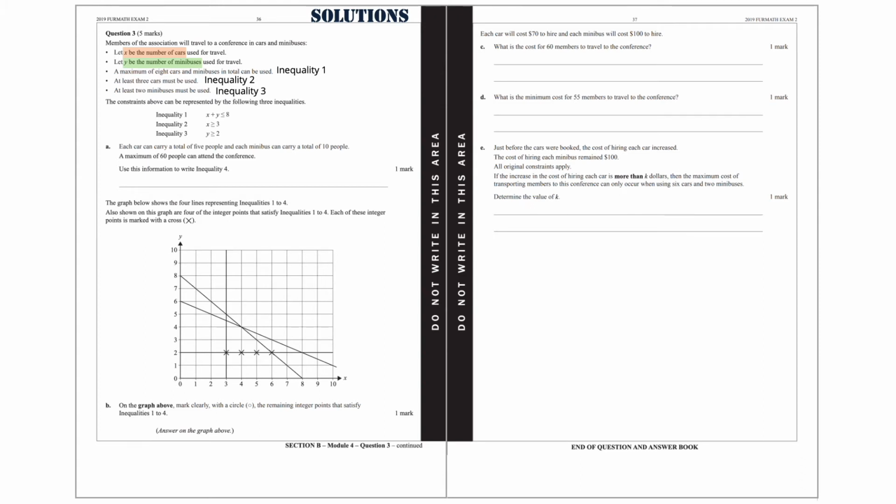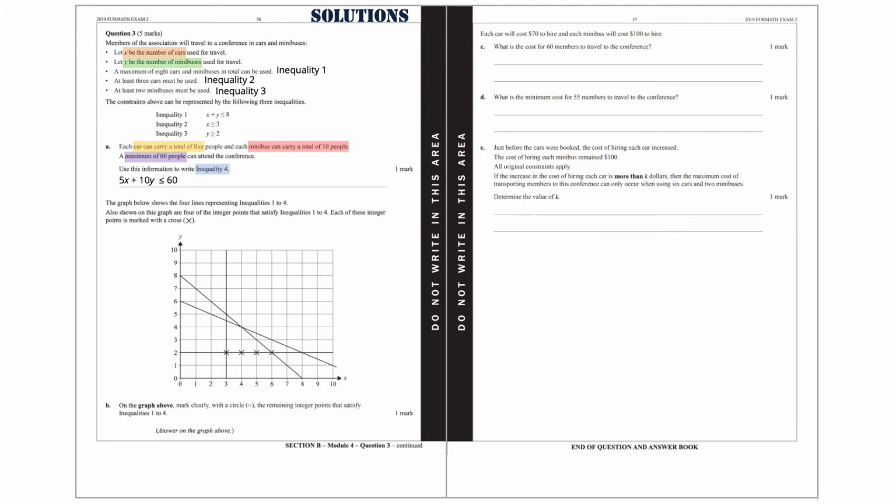Part A. Each car can carry a total of 5 people, and each minibus can carry a total of 10 people. A maximum of 60 people can attend the conference. Use this information to write inequality 4. So we have 5 people per car, that is 5x, 10 people per minibus, plus 10y, and this must be less than or equal to 60 because there is a maximum of 60 people that can attend the conference.